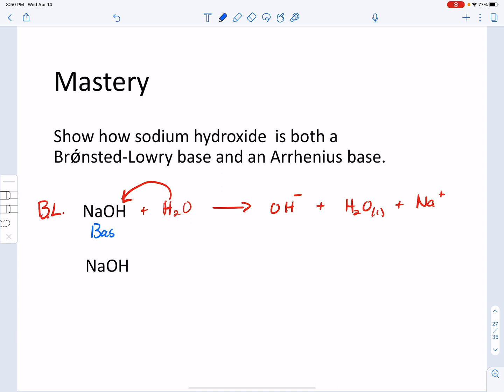This is my base. It's going to accept a hydrogen. And when it does that, what is produced is my conjugate acid.